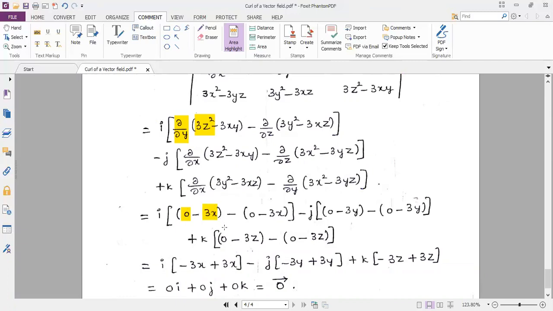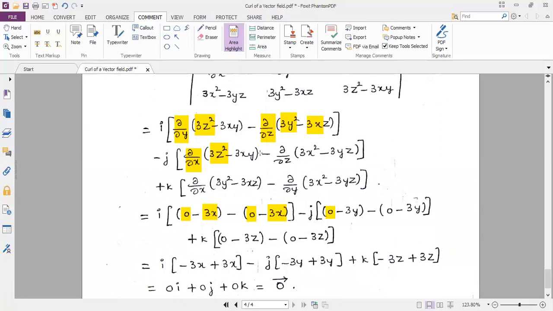Minus ∂/∂z of the partial differentiation with respect to z: for 3y² it is 0, minus 3x is a constant, writing as it is. Differentiation of z with respect to z is 1. So minus 3x.